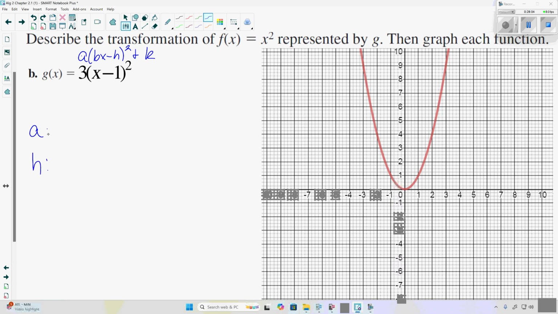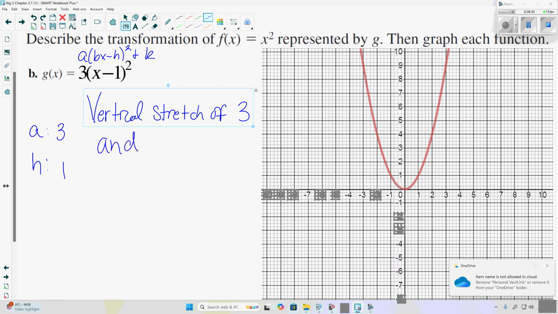Here we only have 2 transformations. We have a value for a and h, yes? A would be 3 and h would be positive 1, yes? Now since a is 3, it's telling us that we have a vertical stretch of 3 and what?